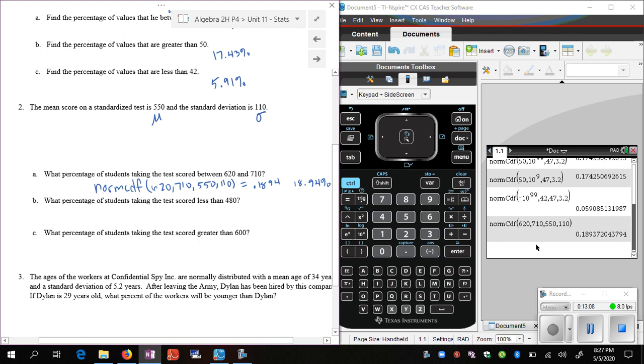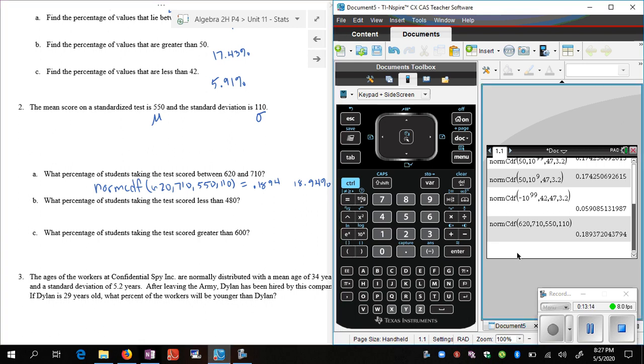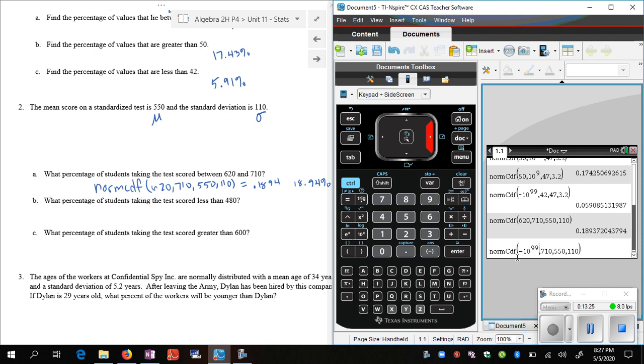I'm just going to try two more, parts B and C here, and stop the video after that. Less than 480. I need a theoretical negative infinity for this one, so negative 10 to the 99 with an upper bound of 480, the same mean and standard deviation.